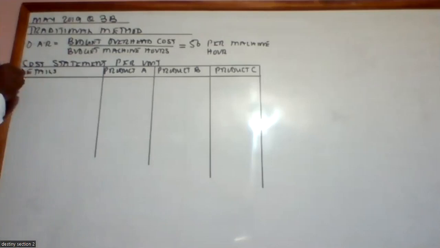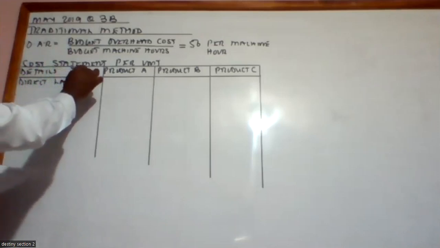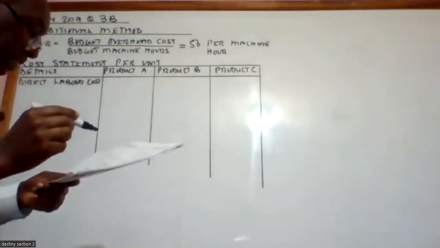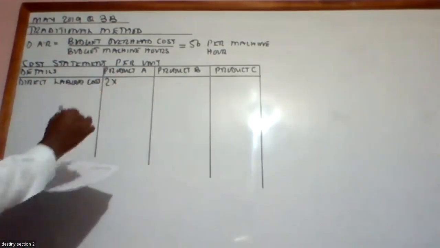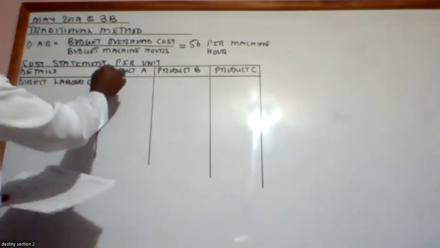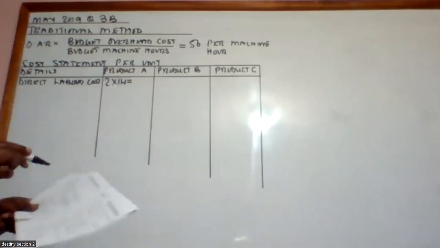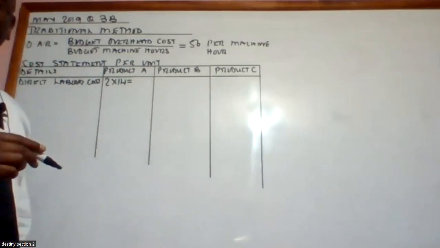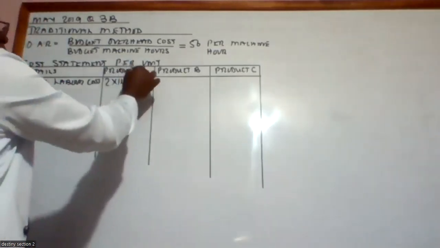So the first thing, let's bring direct labor costs. Direct labor costs, looking above, A has 2 hours. Now 1 hour, according to information 1, is 14. So 2 times 14 is what? 28, good.